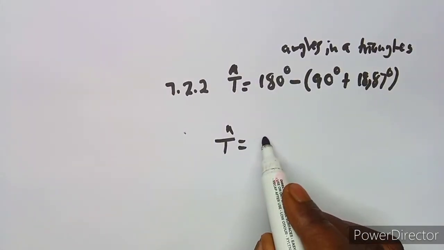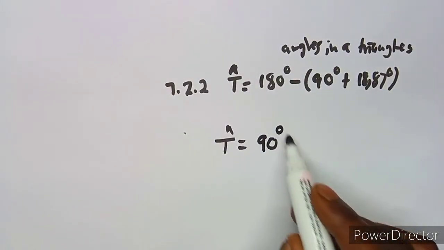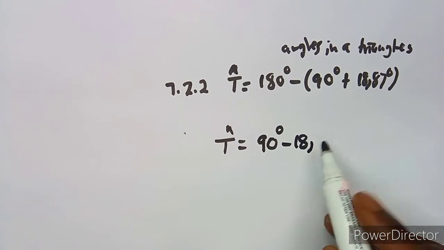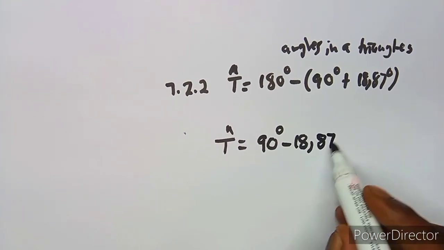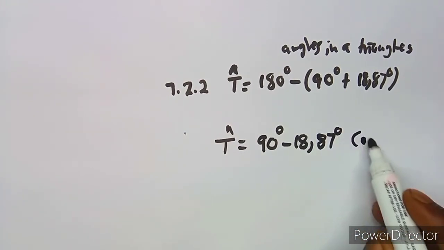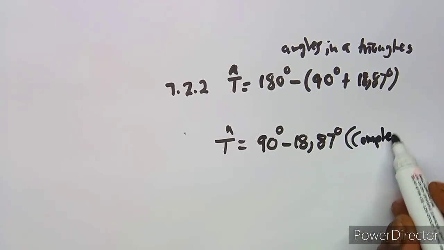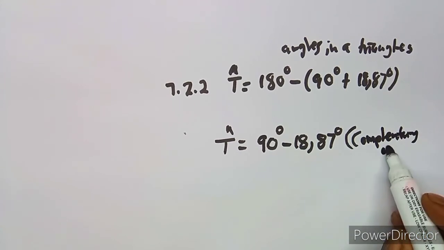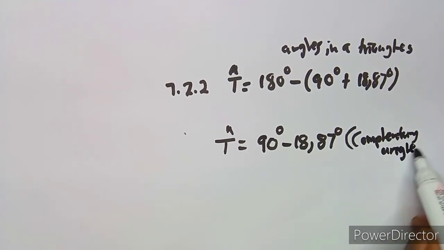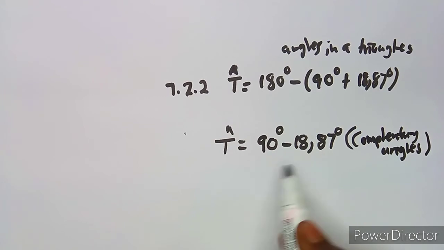So T could be found by simply subtracting 90 minus 18,87 degrees, which are complementary angles, not supplementary but complementary. These are the two options we could have used to calculate the angle T.